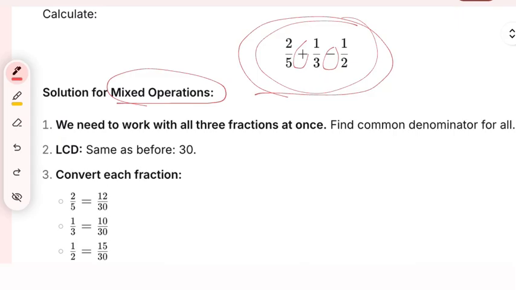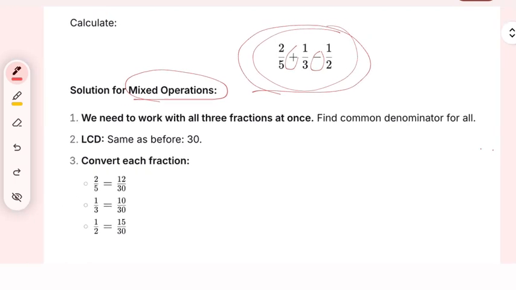That means we will find the least common denominator of 5, 3, and 2. What do you think is the least common denominator of 5, 3, and 2? If you have seen our previous videos when we add and subtract fractions, we computed the LCD, or the least common denominator. So what is the LCD of 5, 3, and 2?